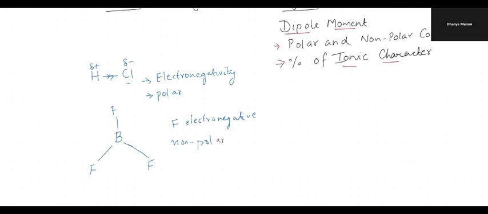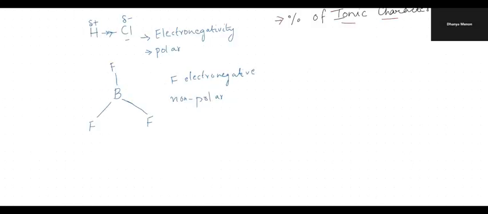So that means having polar ends or having positive or negative charge is not the only criteria to determine the polarity. So to determine the polarity, we need to learn about dipole moment. Dipole moment helps to understand which compound is polar and which compound is non-polar.